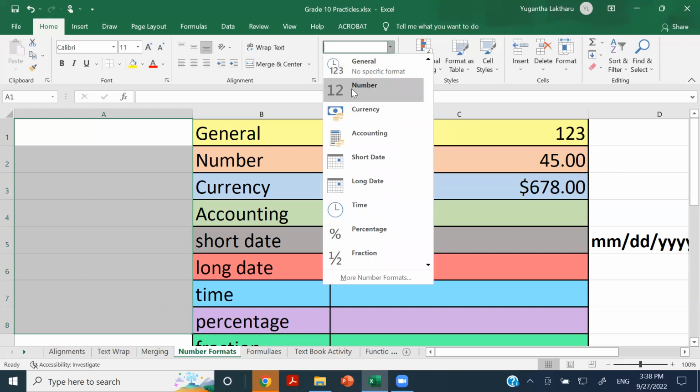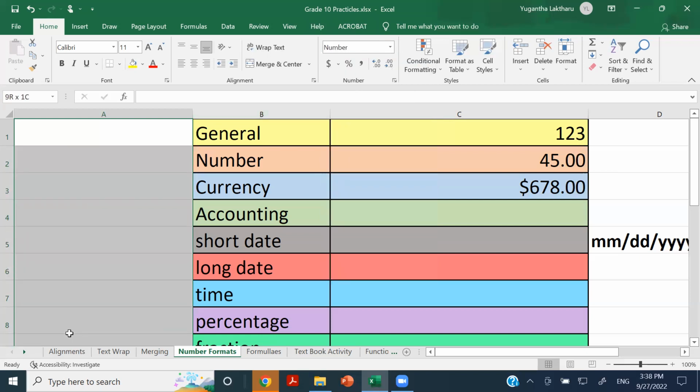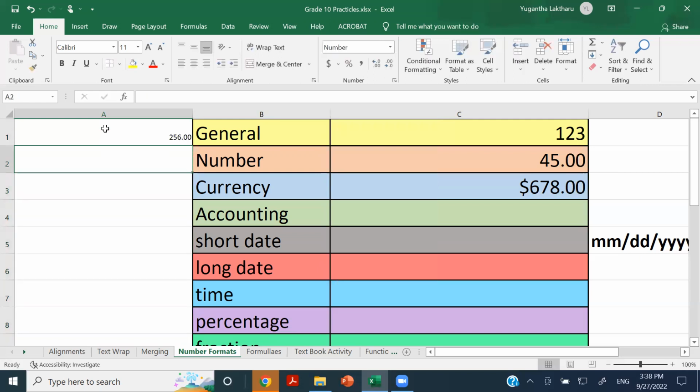So you can select a range of cells and apply the same format that you want. If we apply, let's say, Number to these particular cells, now if I give a particular value, it is going to be changed into the Number format. The same happens over here.